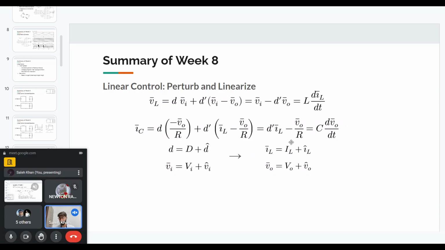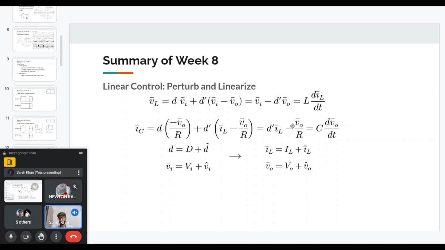Similarly, we'll have a DC operating point and then a small signal AC, because the amplitudes of these hat quantities are very small. Then we can substitute these expressions in the equations that we found. Once we substitute, we remove the DC terms.